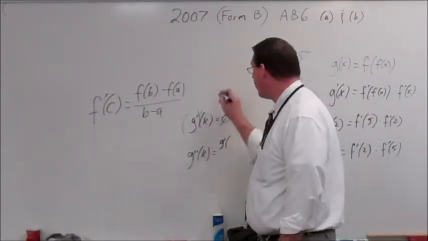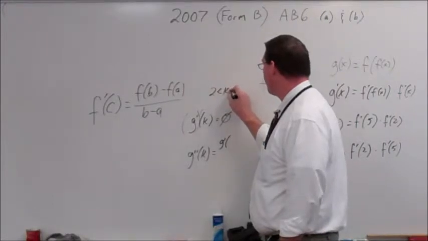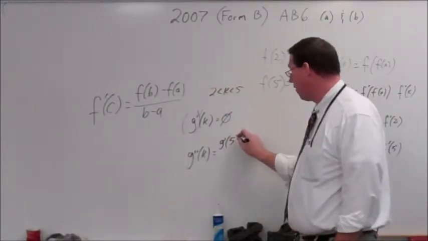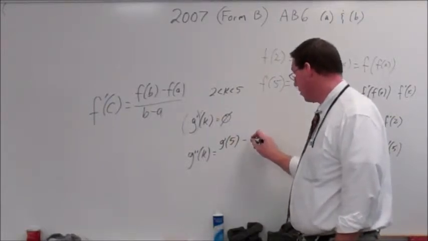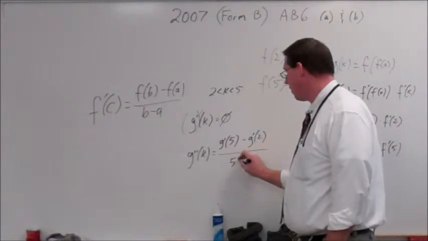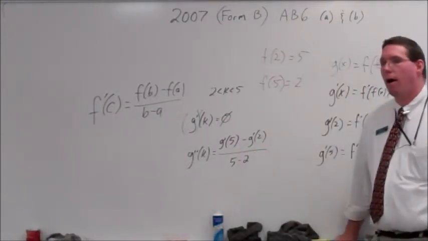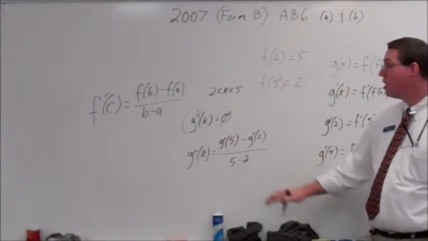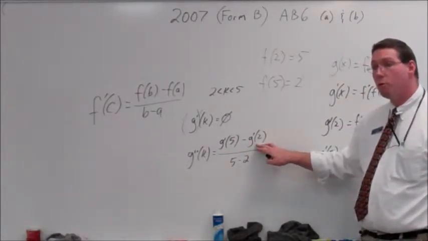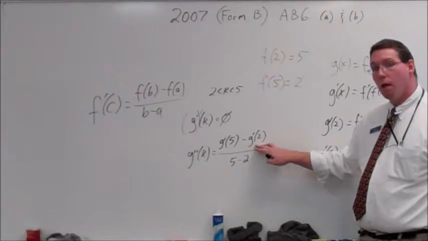Well, it says on the interval from 2 to 5, g prime of 5 minus g prime of 2 over 5 minus 2. And since g prime of 5 is equal to g prime of 2, they cancel out.